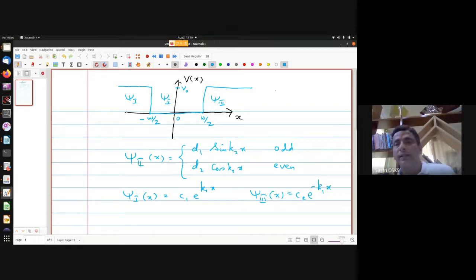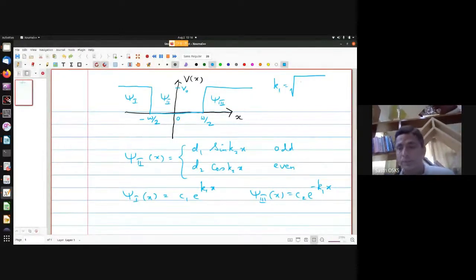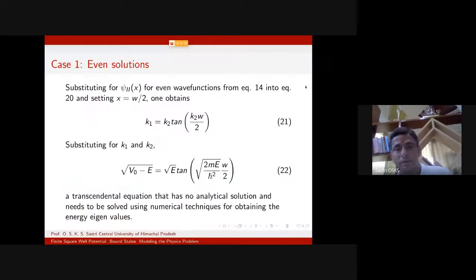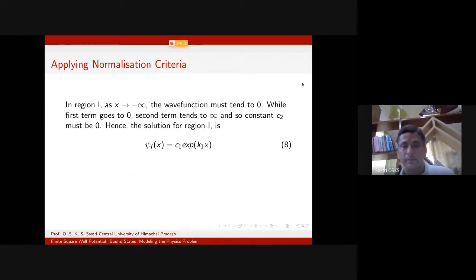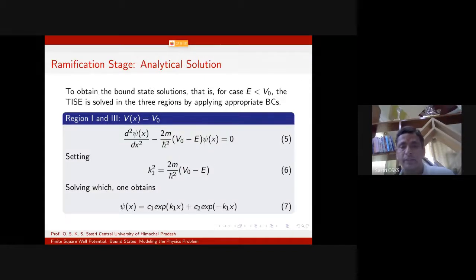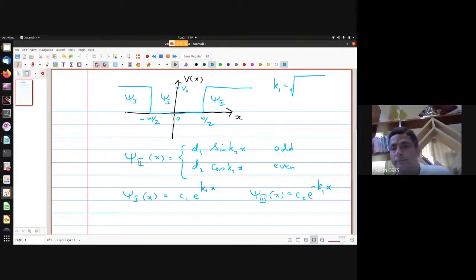Here we defined our k1 as the square root of 2m by h cross squared times V naught minus E.